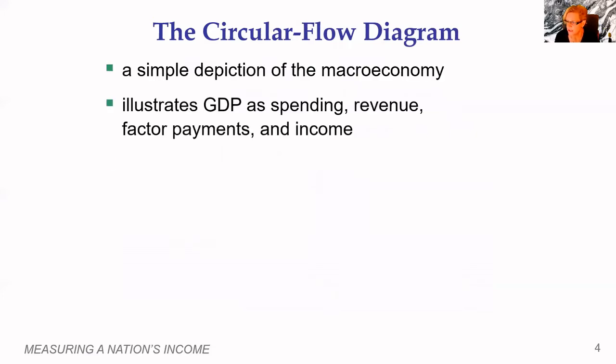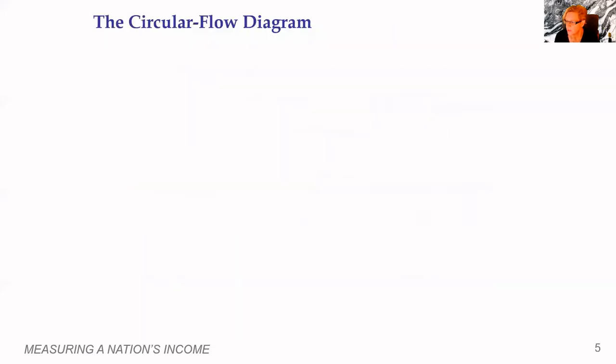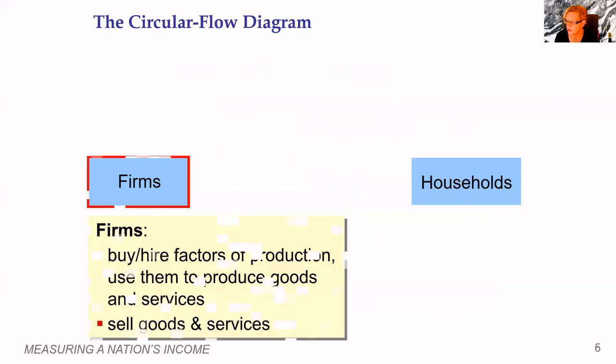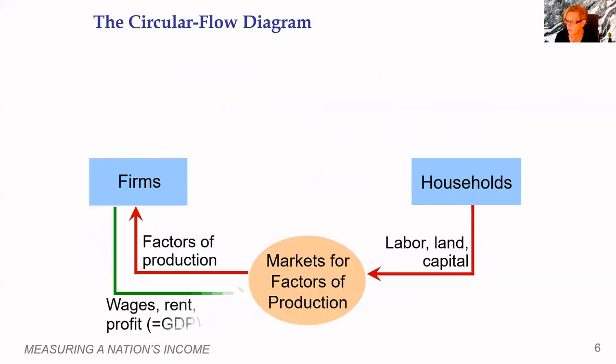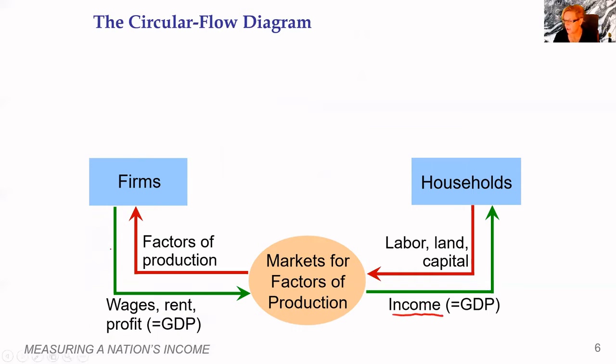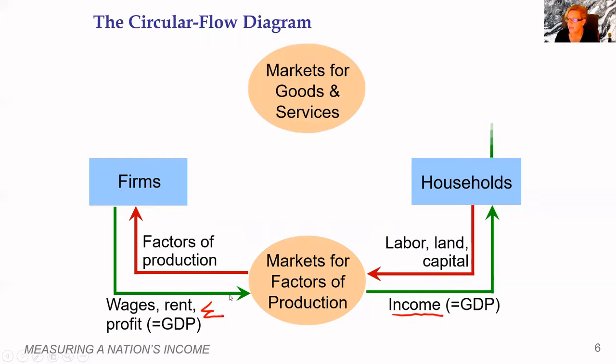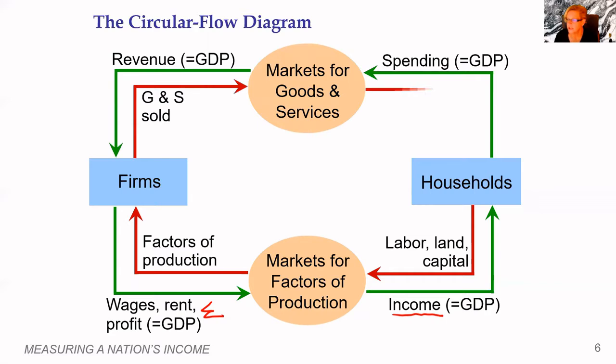So to that end, we can look back at our circular flow diagram, and I know I'm going through this pretty quickly. Here we have the markets for factors of production. You'll see right here the income approach to GDP, where we're totaling up the rent, the wages, and the profit. On the top side, you can see the expenditure approach.